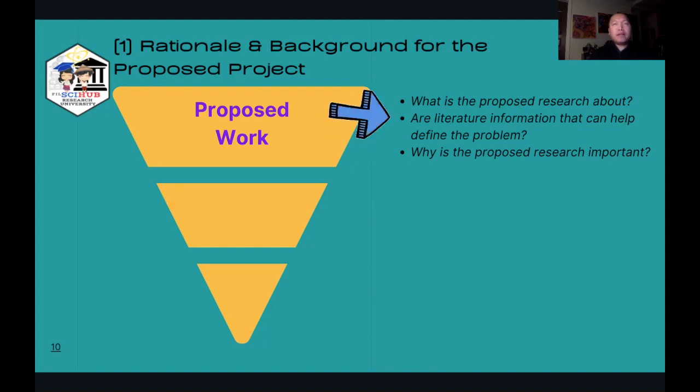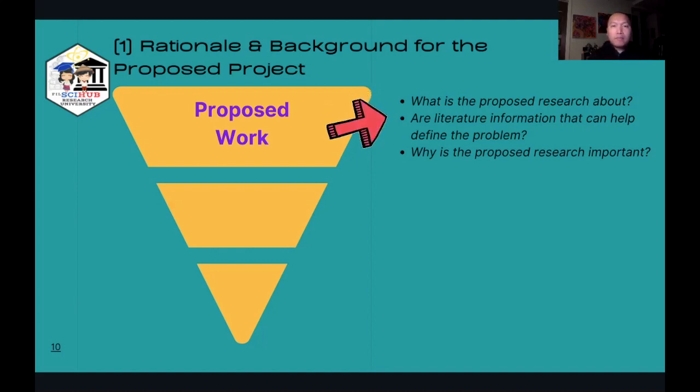And so typically the first paragraph, or they begin the rationale and the background for the study by speaking more broadly about like the proposed idea, because like in the overview earlier, you only had like 2 sentences for this. So you can dedicate a paragraph that answers the questions, what the proposed research is about. Are there literature or prior reports or studies that can help define your problem, or describe the problem.